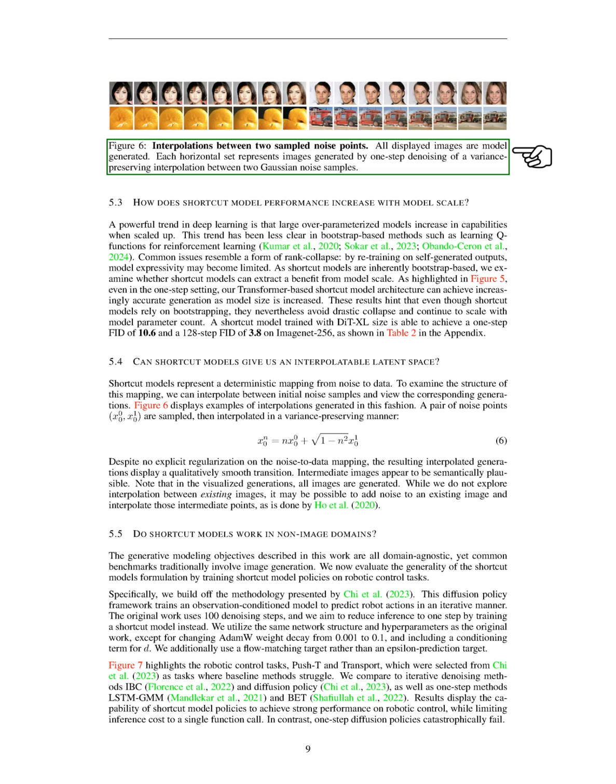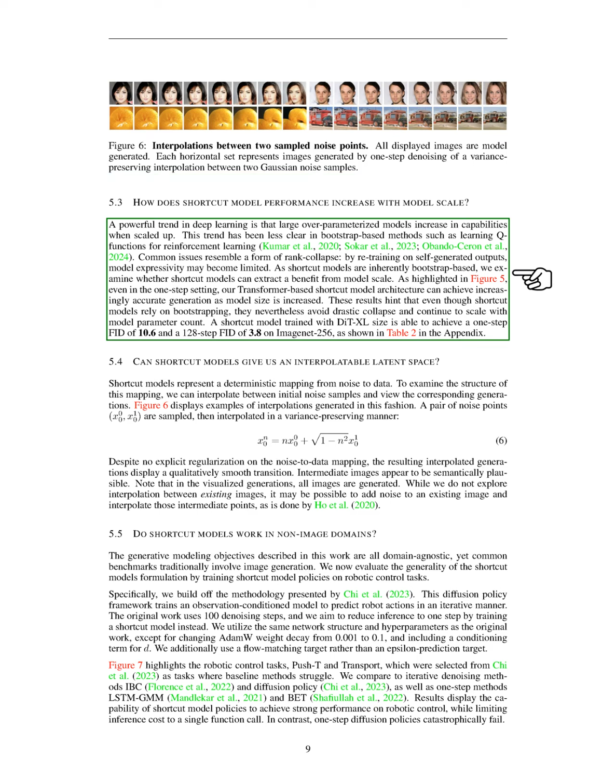Next, we explore how the performance of shortcut models improves as we scale up the model size. In deep learning, larger models often show enhanced capabilities, but this trend is less clear in bootstrap-based methods like those used for reinforcement learning. We investigate whether shortcut models can benefit from increased scale.